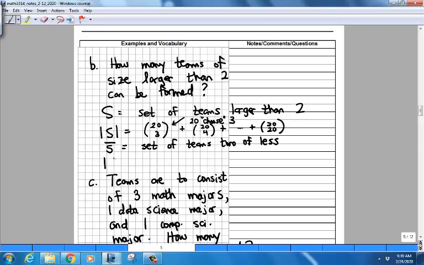This one I think is much easier to count, correct? So how many teams can you have of size 2 or less here? Do you have to include the set with 0 people in the team? No. Then 20 choose 1, 20 choose 2.